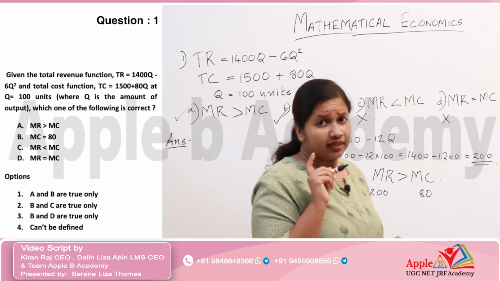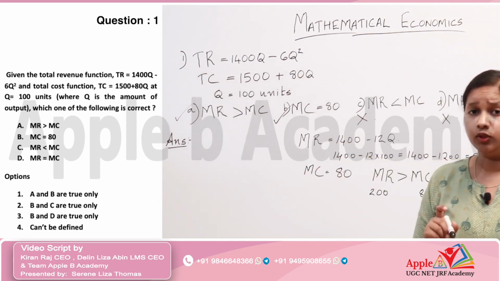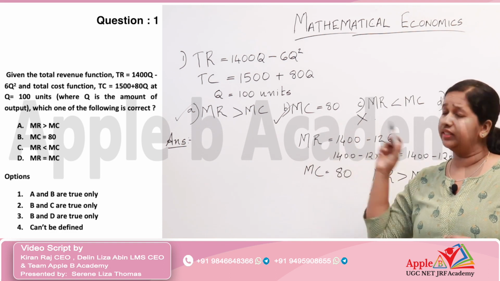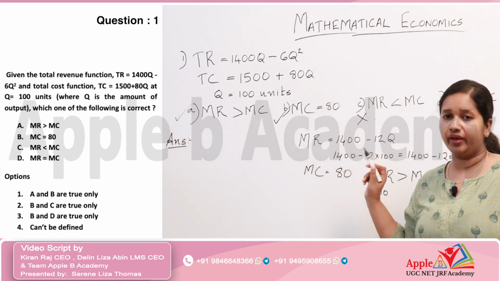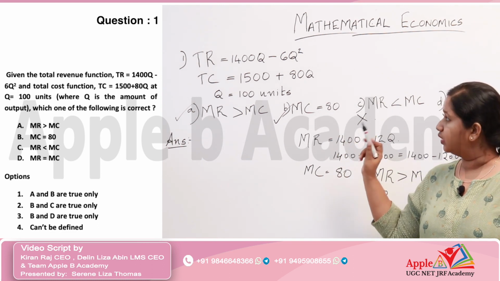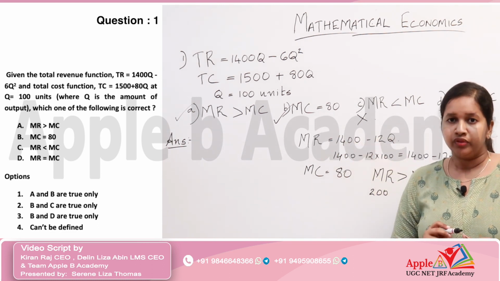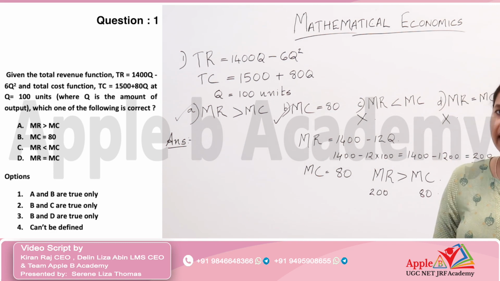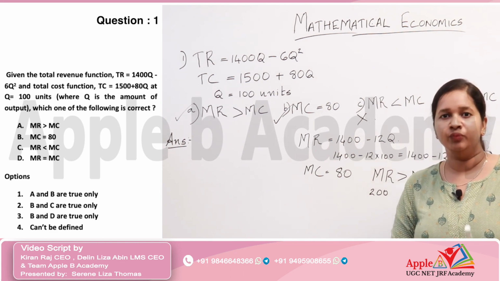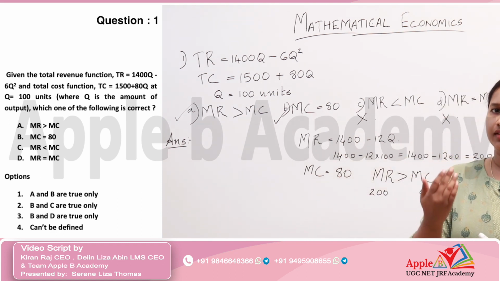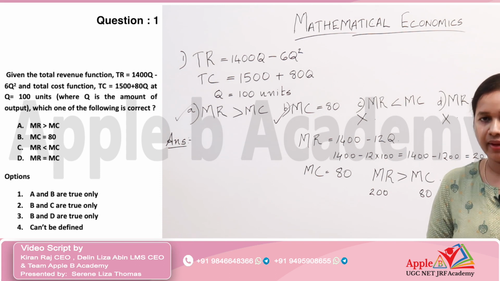So I will illustrate it once more. We know that the total revenue is equal to 1400q minus 6q square, and total cost is equal to 1500 plus 80q. We need to find marginal revenue and marginal cost. Differentiating the total revenue, we get marginal revenue, and differentiating the total cost, we get marginal cost.